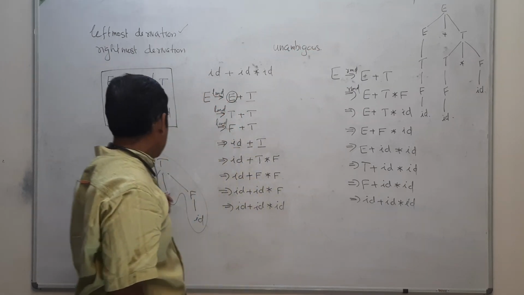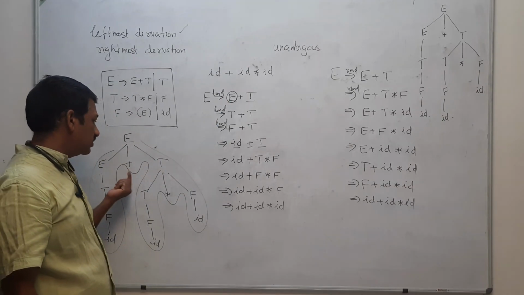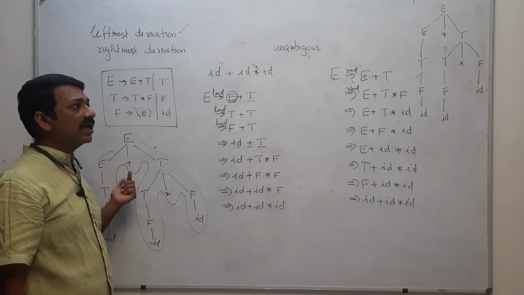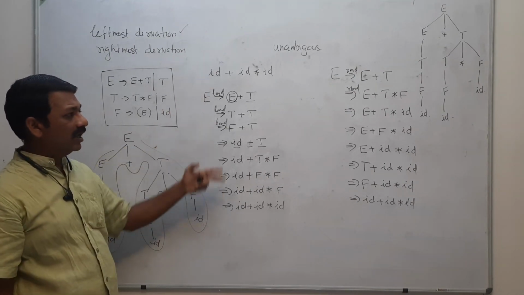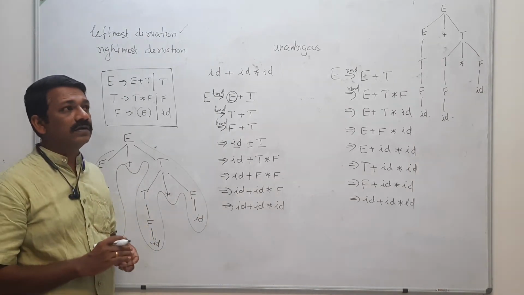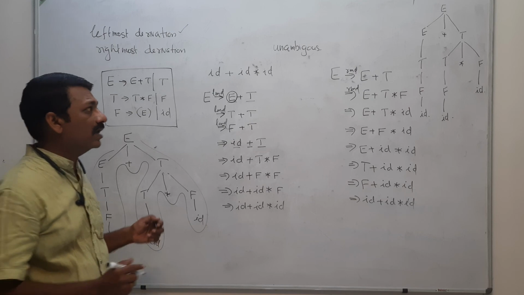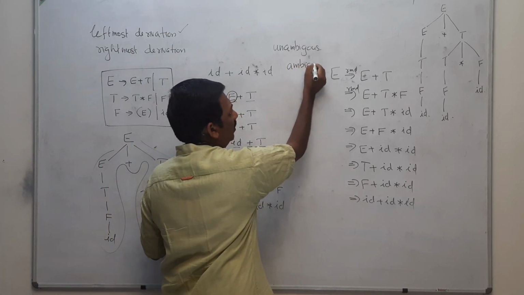If these two derivation trees are different, that means for LMD and RMD it is generating different derivation trees, that grammar is said to be ambiguous grammar.